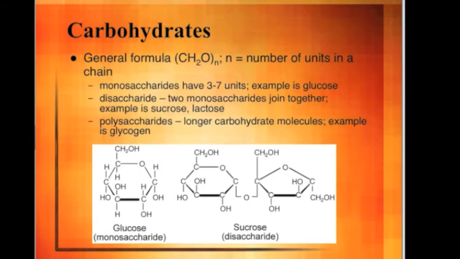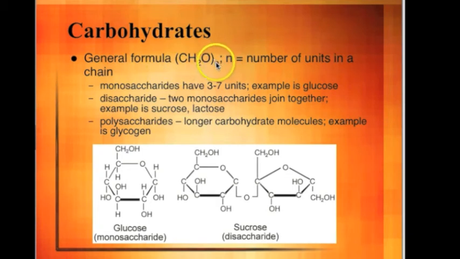All right, so carbohydrates generally have a formula of 1 carbon to 2 hydrogens to 1 oxygen. Now, there could be repetitive units of this basic formula, so the N superscript over here refers to the number of units in that chain.